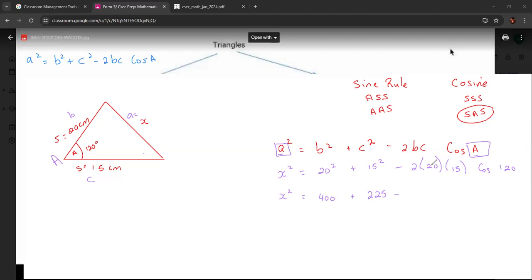So it's going to be 2 times 20 times 15, and that's going to be 600 cos of 120. So this is like saying 600 times cos of 120. So I have more multiplication to do.